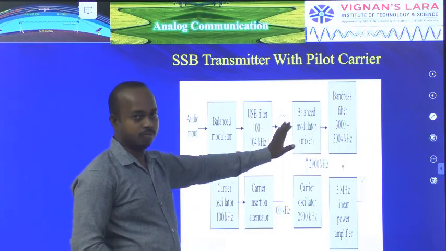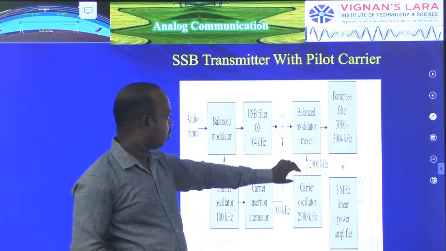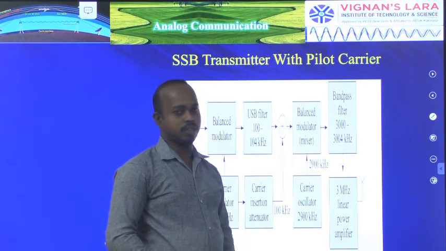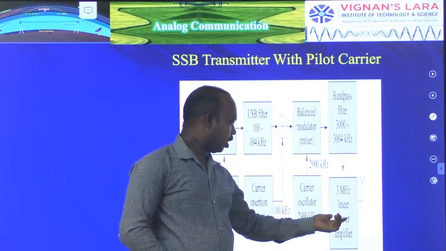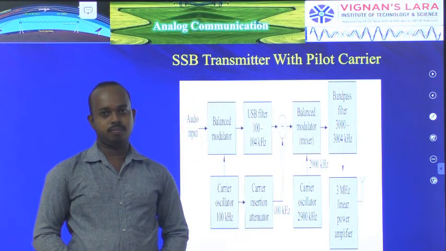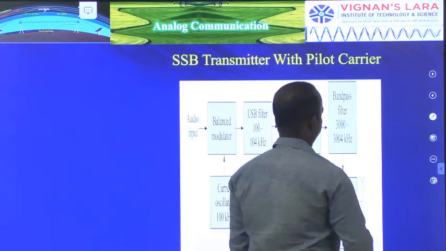These two values, the summing value as well as the carrier oscillator frequency value, are mixed and assigned to the band pass filter. The band pass filter output is assigned to the linear power amplifier, then it is connected to the antenna. It will be radiating the signal to the atmosphere.